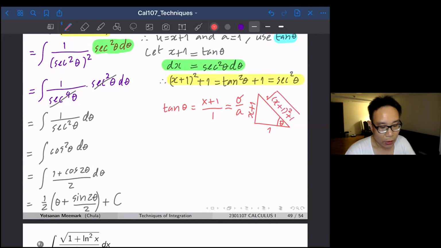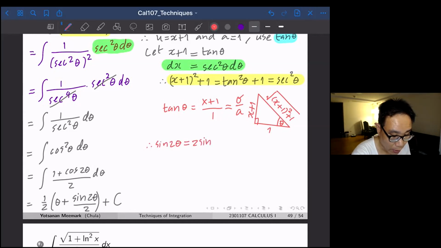Okay, so you're gonna have sine 2 theta is gonna be 2 sine theta cos theta. So it's gonna be what? It's gonna be 2, and sine will be opposite over hypotenuse, so x plus 1 over square root of x plus 1 square plus 1. Okay, multiply with 1 over square root of x plus 1 square plus 1.